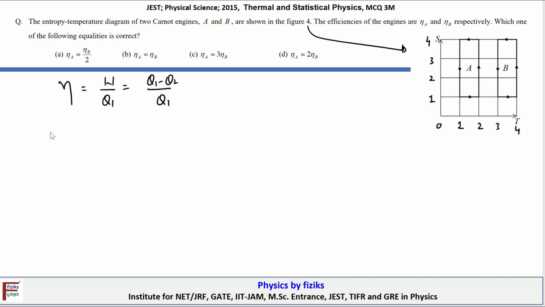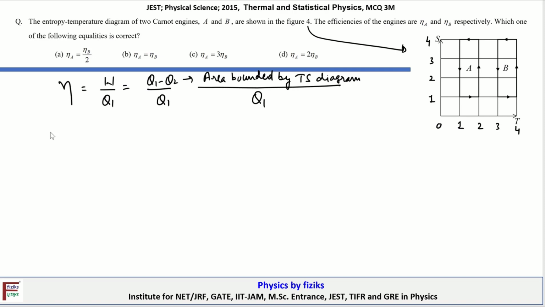So basically Q1 minus Q2 is the area bounded by the TS diagram, and divided by the heat that is given to the working substance at higher temperature.